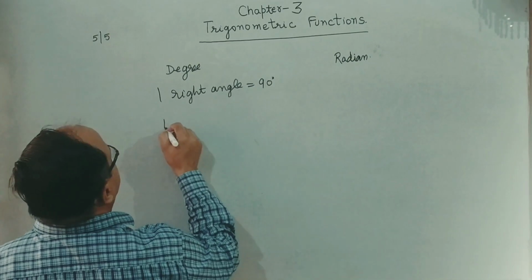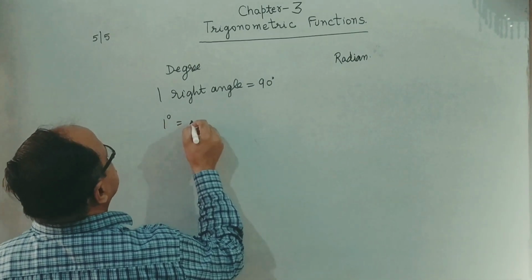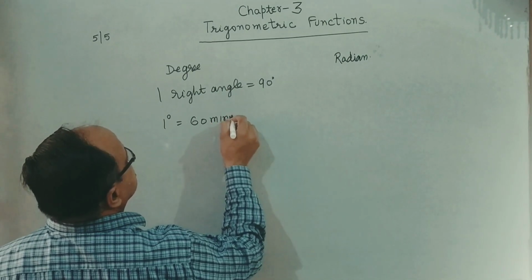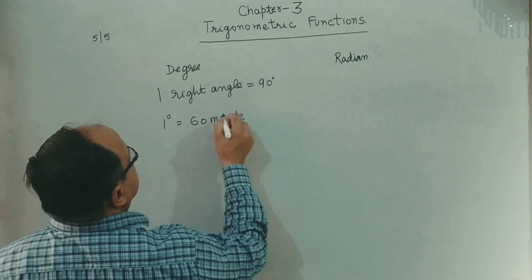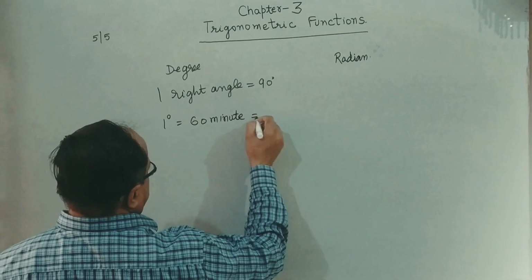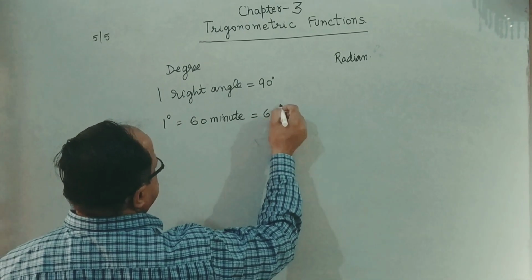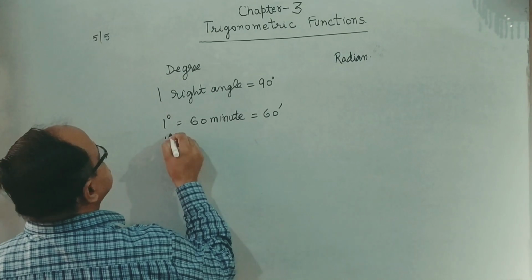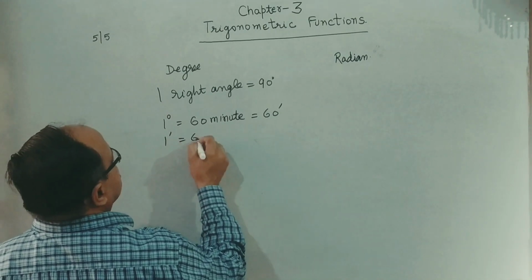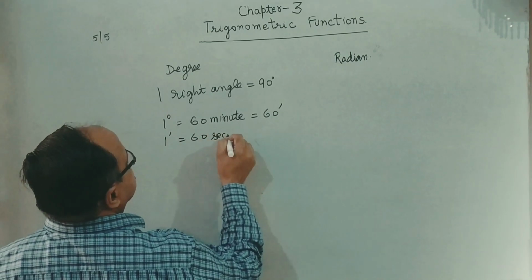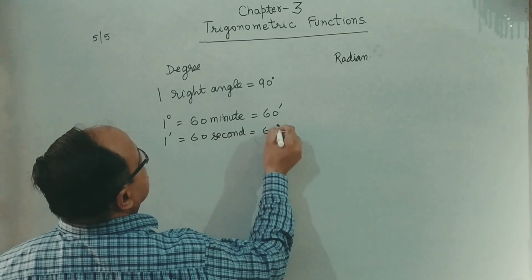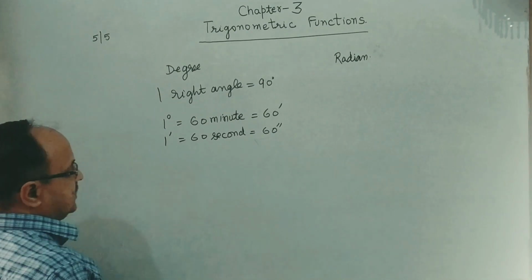And 1 degree is 60 minutes, written as this. And 1 minute is 60 seconds, and written as two dashes, oblique dash.